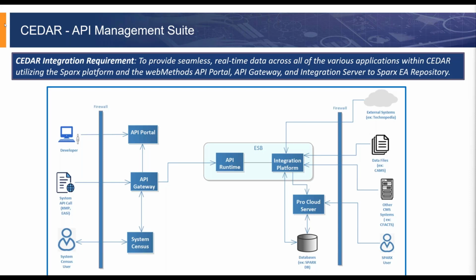So they'll connect to that website, and that website will do all its communications to Sparx using the REST APIs that we've built and exposed via the API gateway. And then over on the right-hand side, just some examples, you saw that in one of the earlier slides, of other data feeds that we're getting from external systems, whether it be Technopedia or some of our other internal CMS systems. So, next slide.